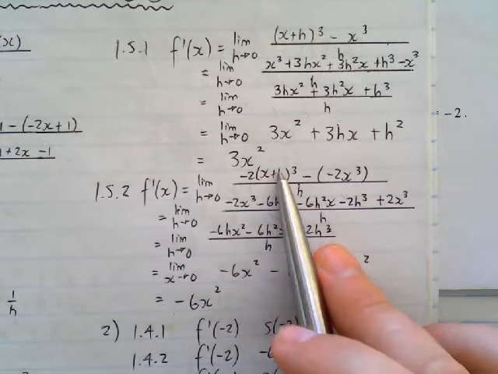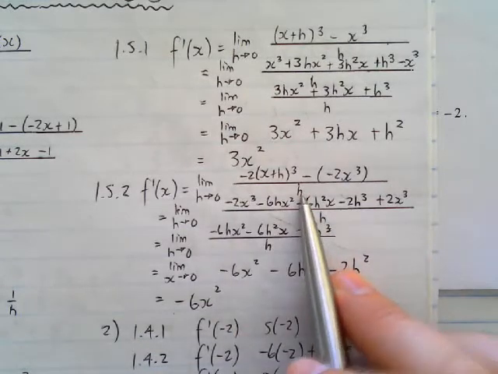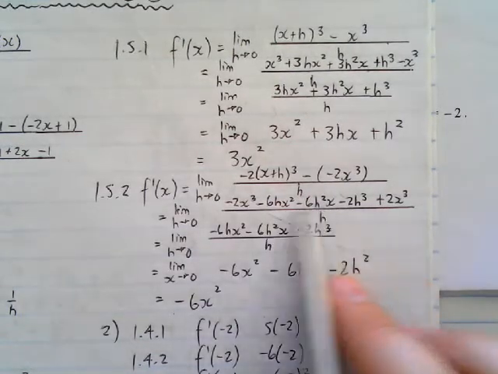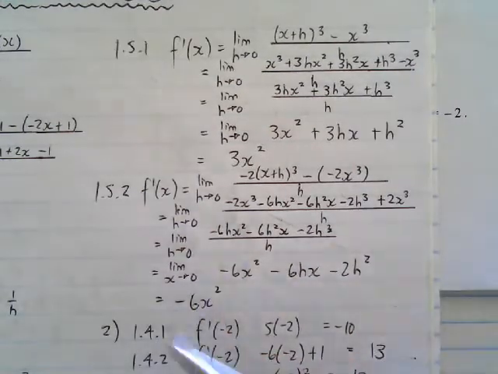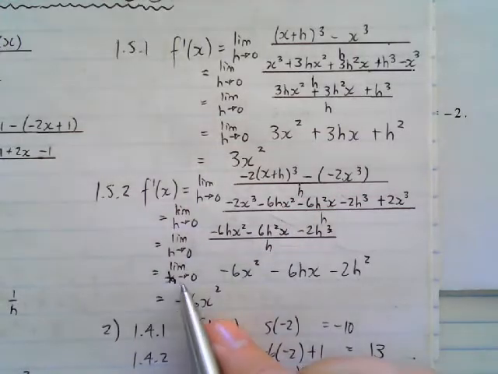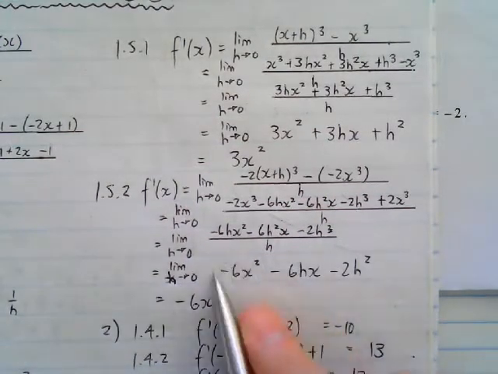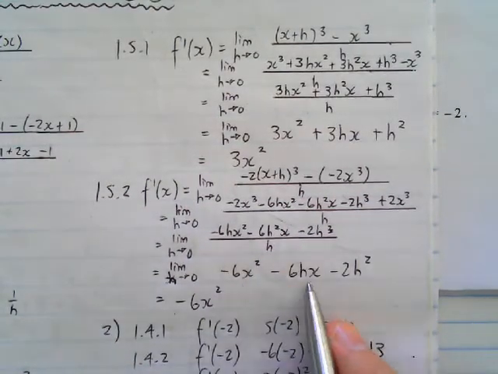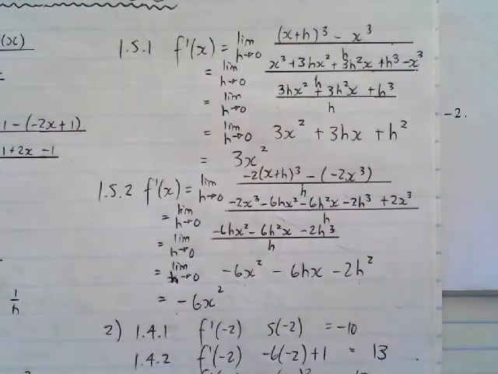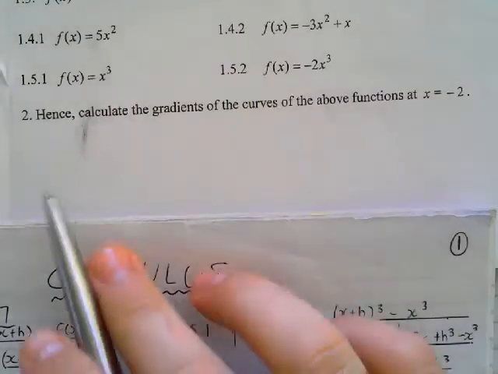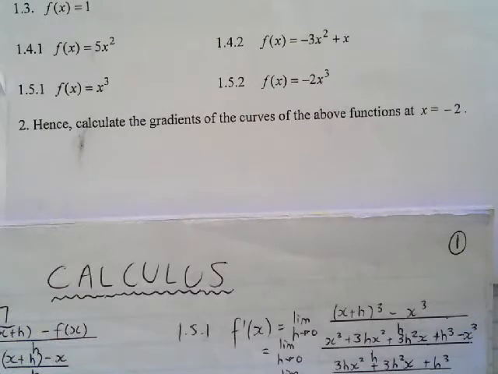You see, it's always got an h in this first term over there, all over h. FOIL it out, times it out, cancel with the h, I'm left with that. And as h heads to naught, that term will be the only one that is left, because that term and that term will both become zeros. There's my answer.